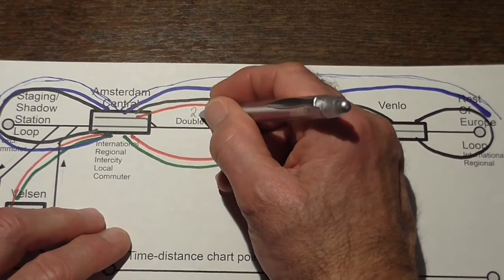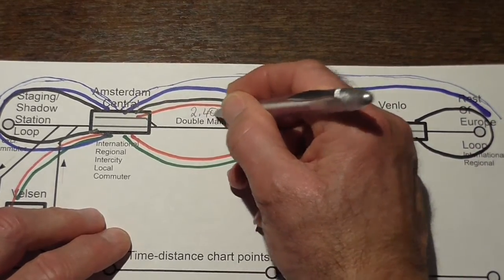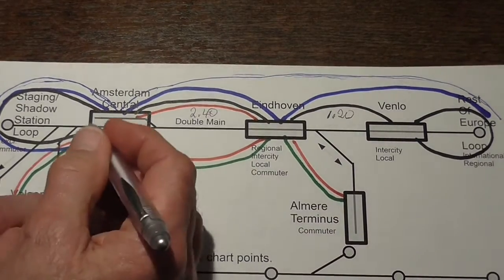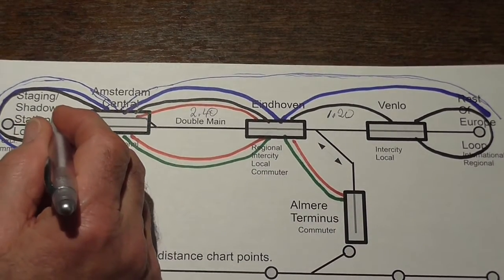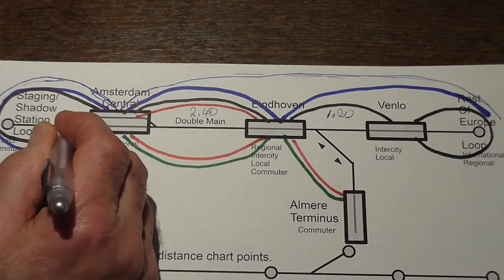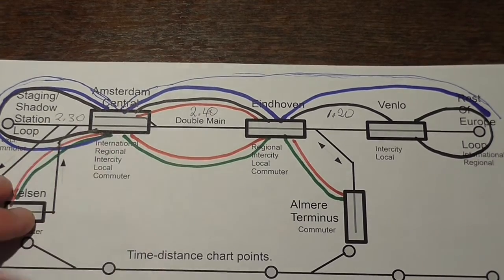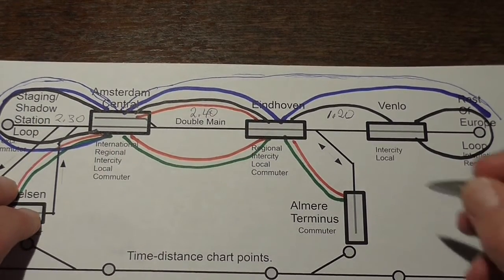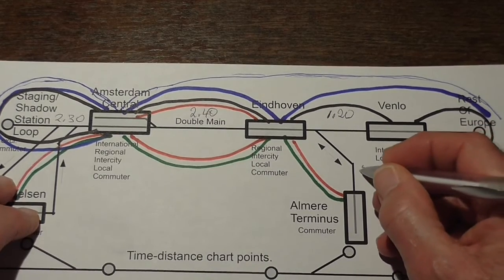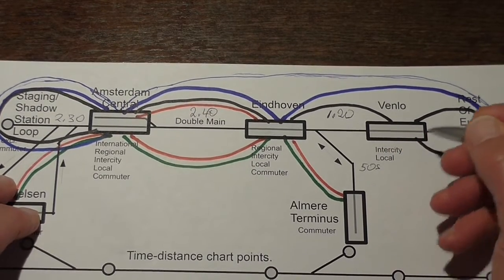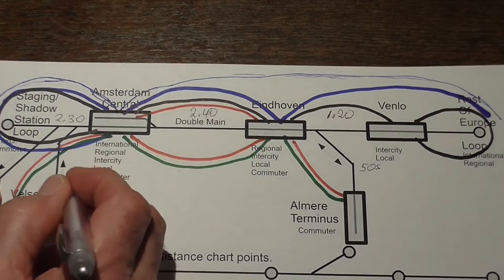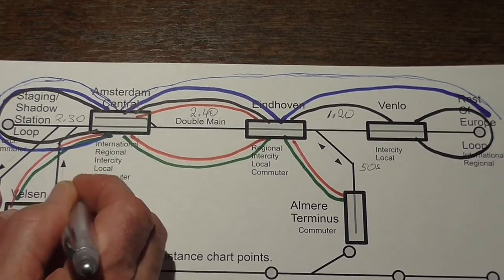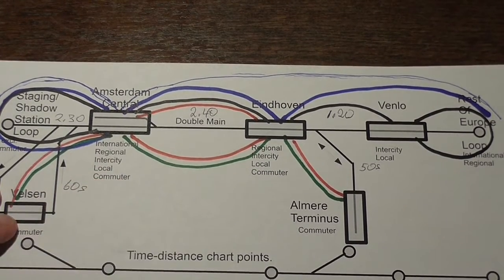Eindhoven to Amsterdam was 2 minutes 40. Helix. The shadow station up to Amsterdam was 2 minutes 30. And the branch line is fairly short. This was about 50 seconds to Almere, and about a minute 60 seconds to Velzen.